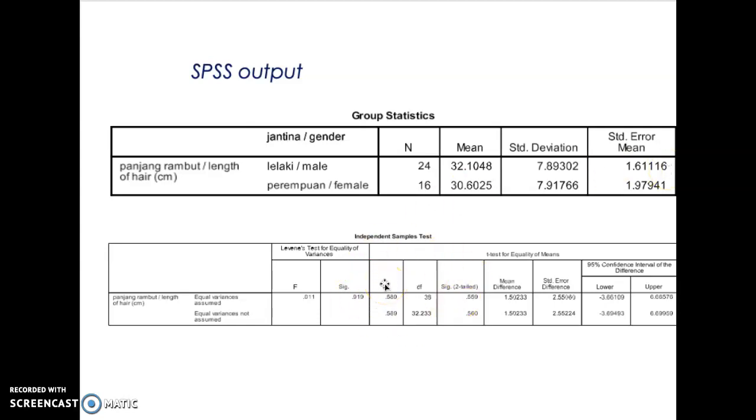The second table that you will see is the independent samples test, where first it consists of Levene's test for equality of variances, and secondly it consists of the t-test for equality of means.